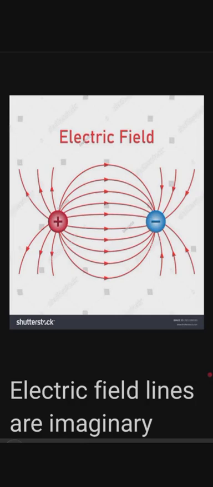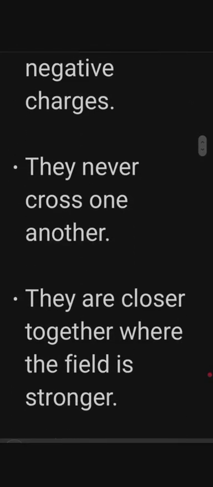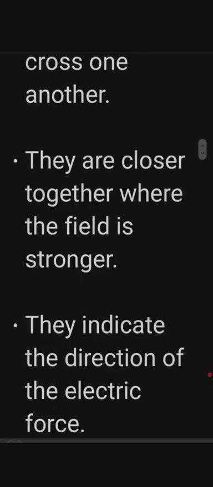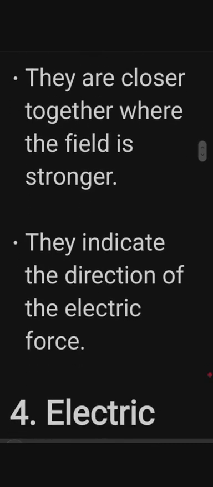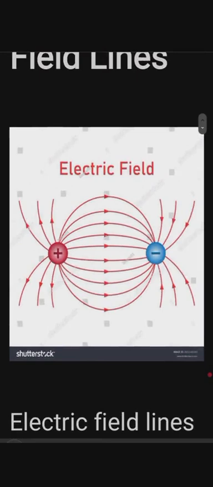But the farther apart they are from each other, the weaker the electric force or the electric field strength. The electric field lines also indicate the direction of electric force. From this diagram, you can see that the direction of the electric force is from the positive charge to the negative charge.